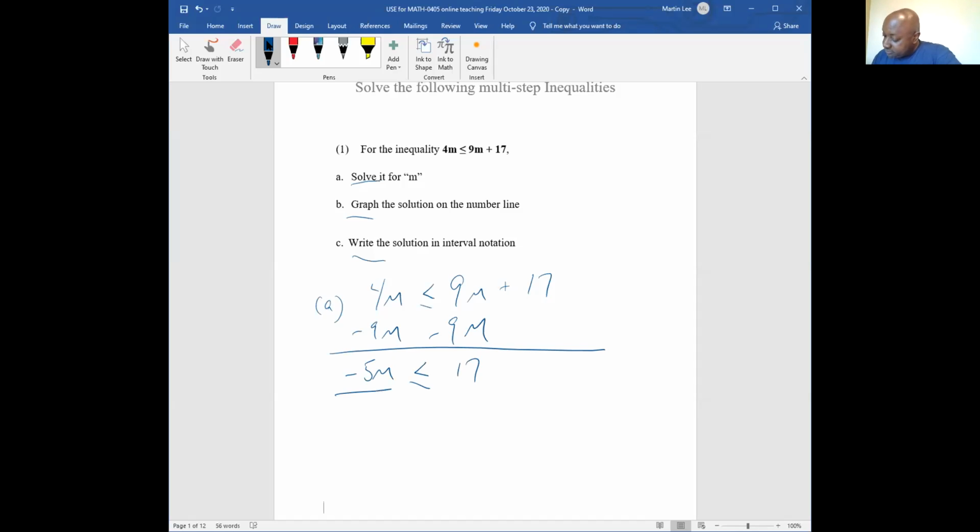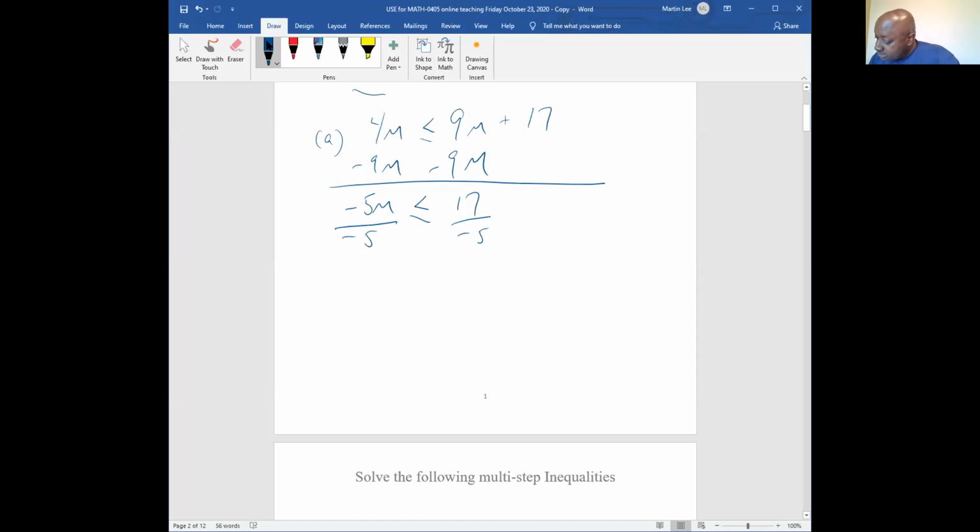Now to get m by itself, divide both sides by negative 5, which will give us m is less than or equal to negative 17 over 5, which as a mixed number is negative 3 and 2/5. So that is part A.